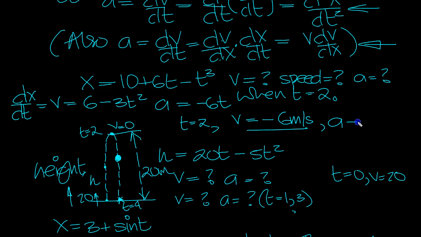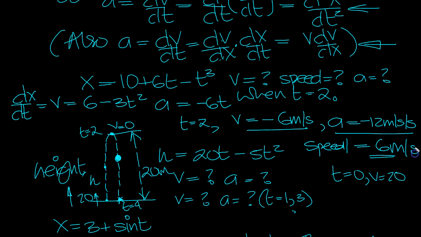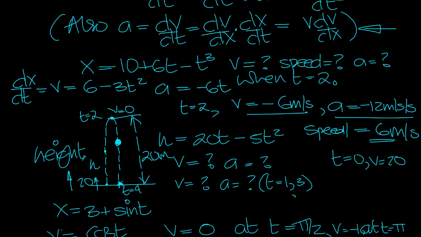And the acceleration, when t is 2, is minus 12 meters per second per second. The speed is equal to just the modulus of the minus 6, so it's 6 meters per second. Just drop the negative if there is one to drop.